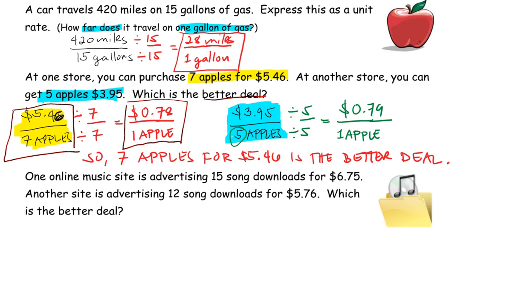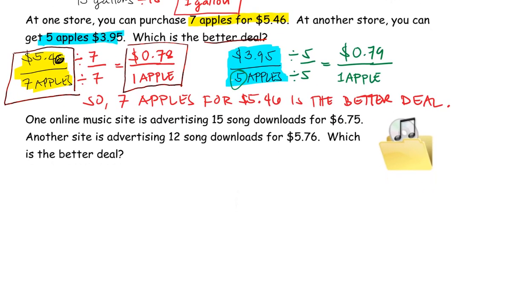Okay, so let's take the last example or the practice here. Again, you can stop the video first and then you can try, after which you can play the video again. So one online music site is advertising 15 song downloads for $6.75.